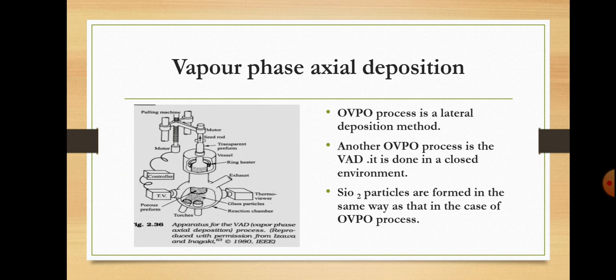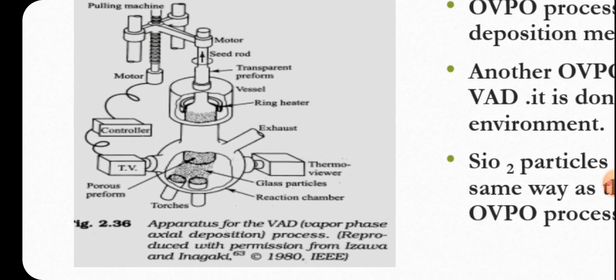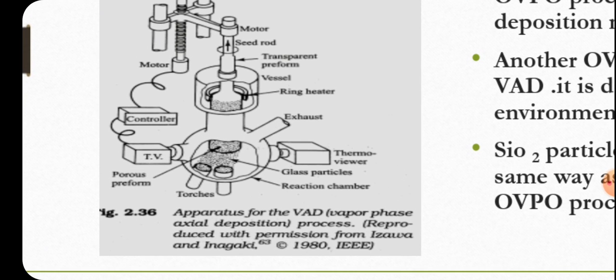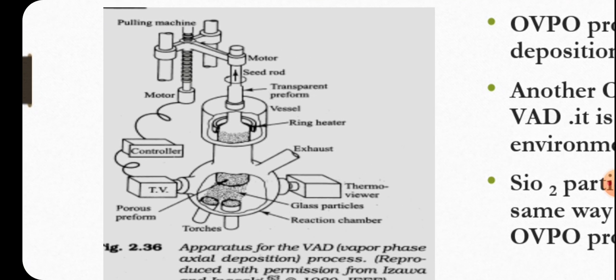And here is a setup for vapor phase axial deposition. You can see the apparatus arrangement. There is a pulling machine, and the motor holds the seed rod, which is a glass tube, and there is a transparent preform.